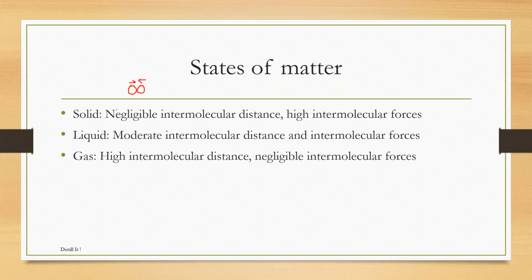When we talk about liquids, we have moderate intermolecular distances as well as moderate intermolecular forces. While in gases, there is a very high intermolecular distance, and because of that, the intermolecular forces in gases are negligible.